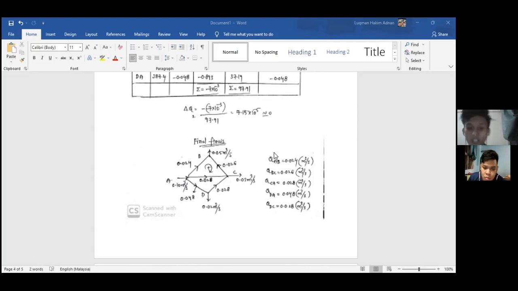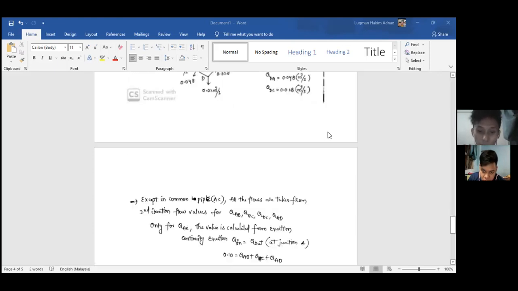So we get QAB equal to 0.024 meter cube per second. All the units are meter cube per second. I will repeat: QAB is 0.024, QBC 0.026, QCA 0.028, QDA 0.048, QDC 0.0328, if I'm not mistaken.